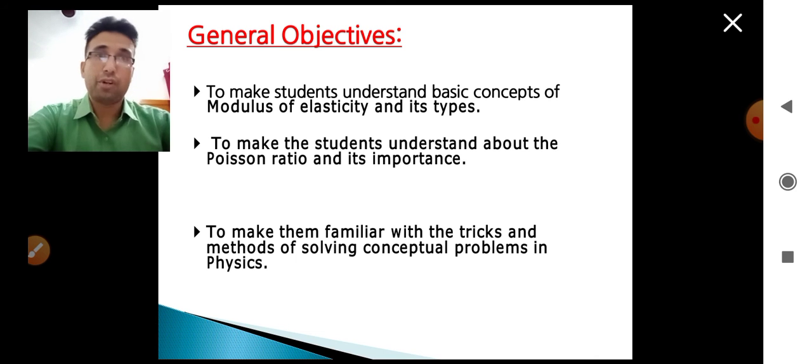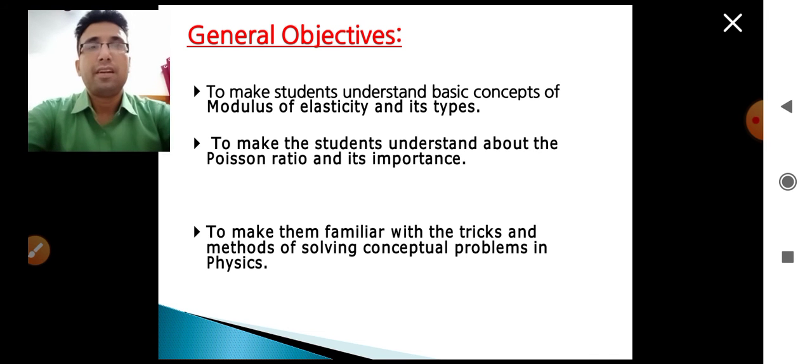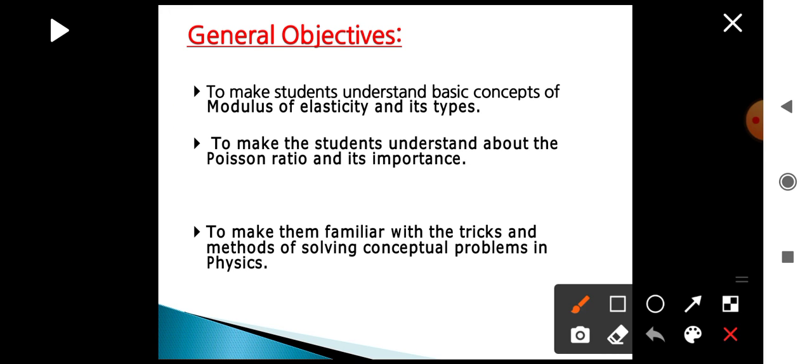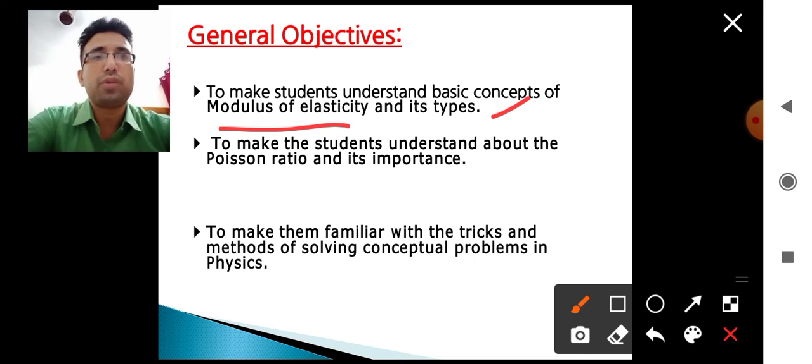And before going to our topic, what are our objectives? First is to make the student understand the basic concept of modulus of elasticity and its types. Second is to make the student understand the Poisson's ratio and its importance.